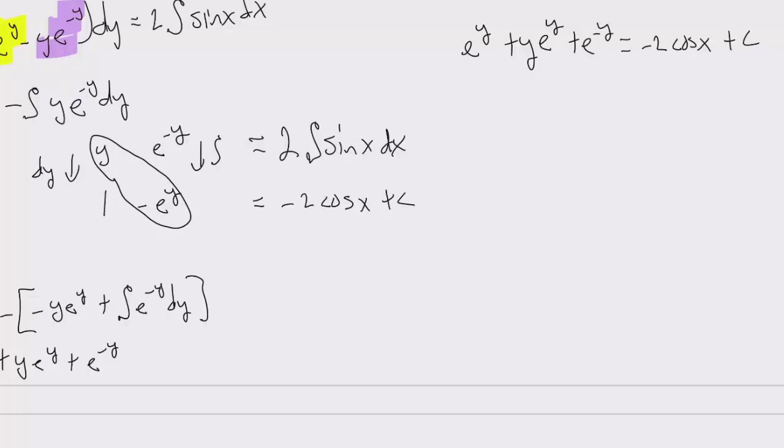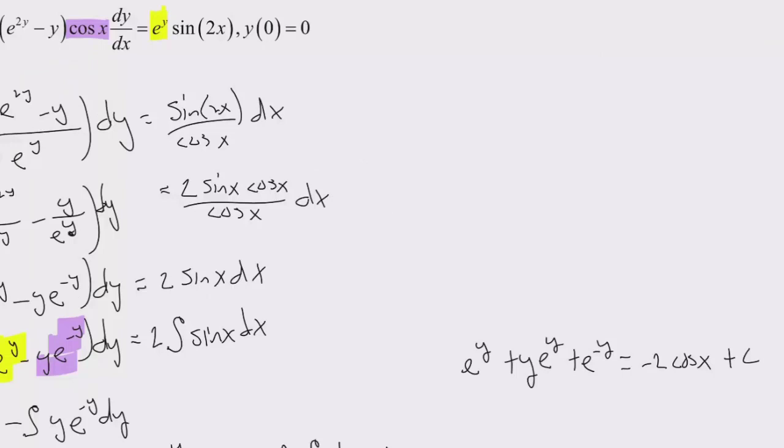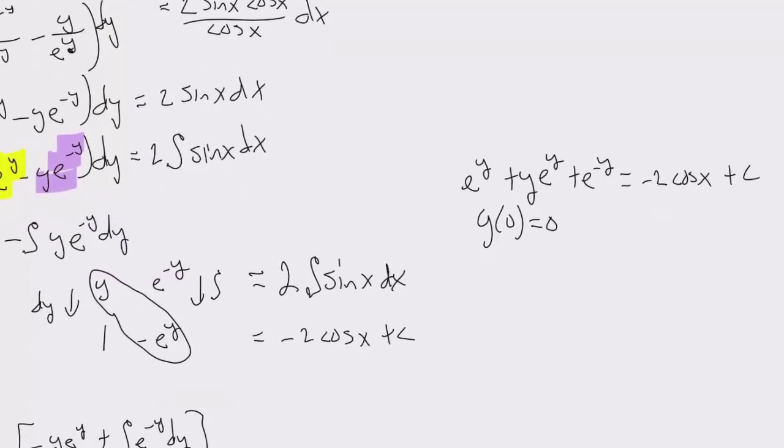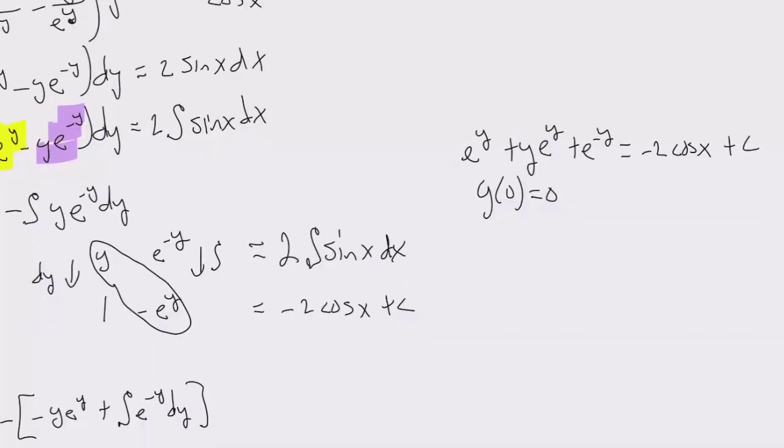Were we given any initial conditions? Let's see. Yeah, so we were told y of 0 equals 0. So we can do some good old-fashioned evaluating. That gives me e to the 0 plus 0 times e to the 0 plus e to the negative 0 equals negative 2 cosine of 0 plus c.